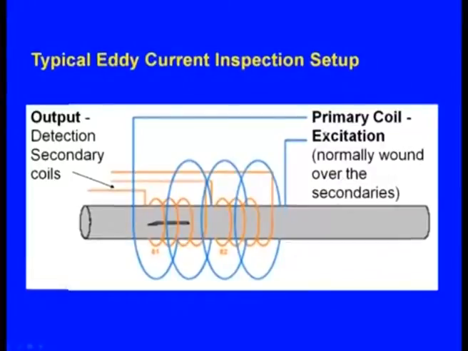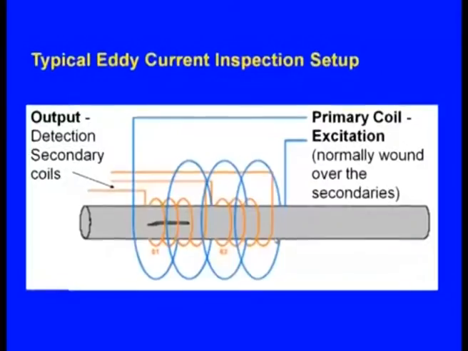Then what will happen when this current passes through the primary coil? Eddy currents are generated, that is the electromagnetic induction. Because of the electromagnetic induction, eddy currents are generated and these eddy currents will be passing through the secondary coils. So, this is the principle of the eddy current inspection method.